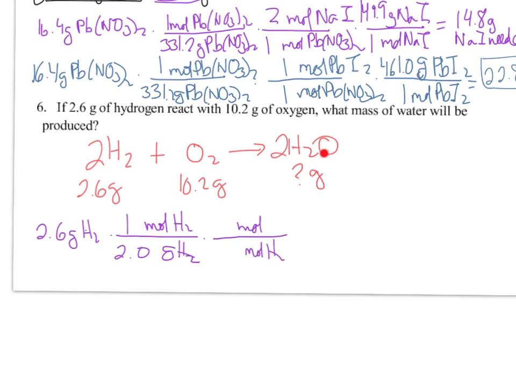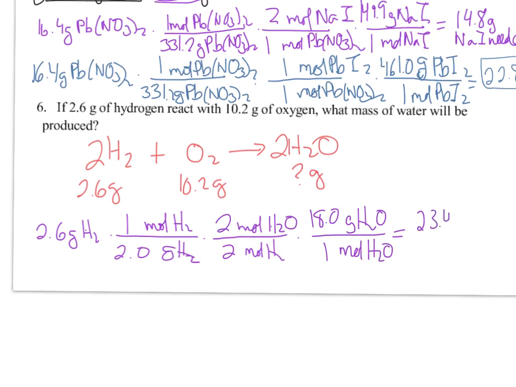So we're going to start with H2, solve for H2O. So H2O, the molar ratio is 2 to 2. Then finally, moles of H2O, grams of H2O. Hopefully you remember the molar mass of water by now because you've used it so much. 18.0 grams. All right. If you do that, you get 23.4 grams of H2O that are produced if you use your hydrogen.